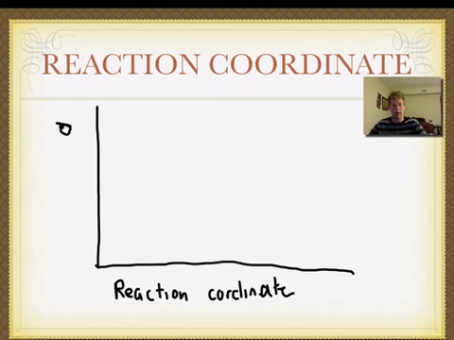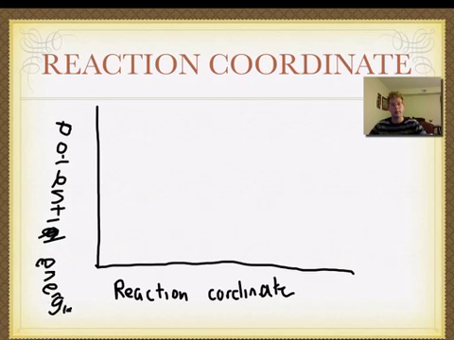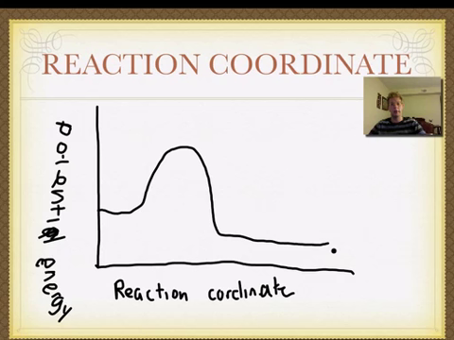So we've got our reaction coordinate. On the y-axis here we have potential energy. What a reaction coordinate does is it tracks the progress of a reaction as it takes place, and generally looks something like this.